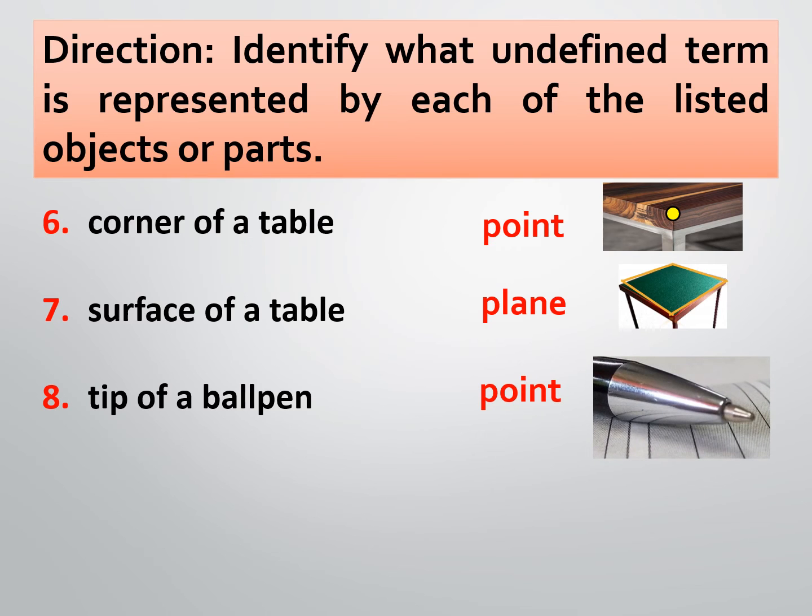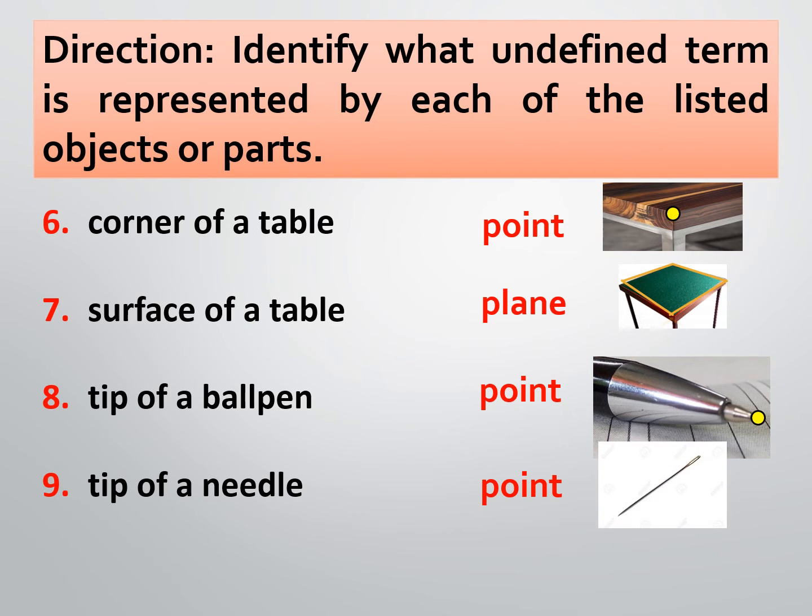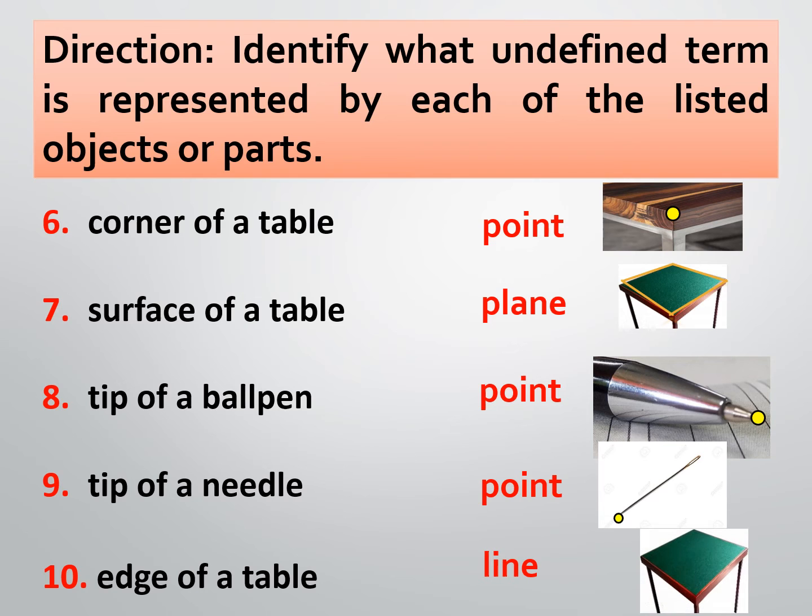That's a point, correct. Next, tip of a needle. Another point. And the last one is the edge of a table. That's a line, and that is the edge. Questions? None? Next.